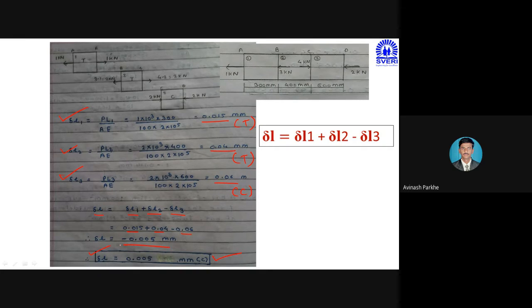If you got -5 into 10 raised to -3 mm, that answer is also accepted, but at the end, you represent it as equal to -0.005 mm. It will be better for the examiner. Otherwise, that answer is also accepted, and the decimal answer is also accepted, no problem. But it is my request to represent the answers in digits or decimals.